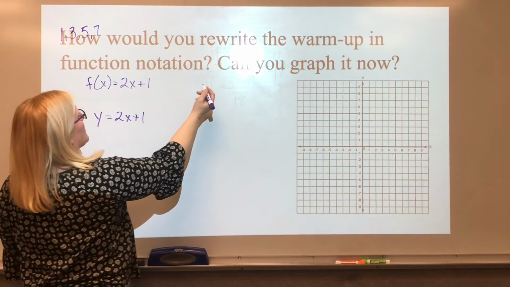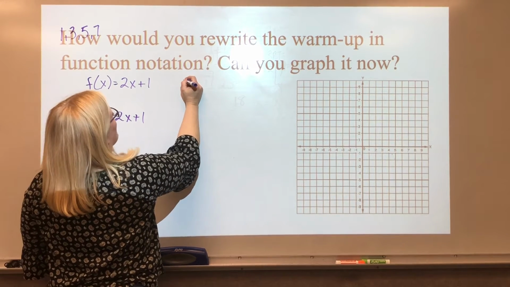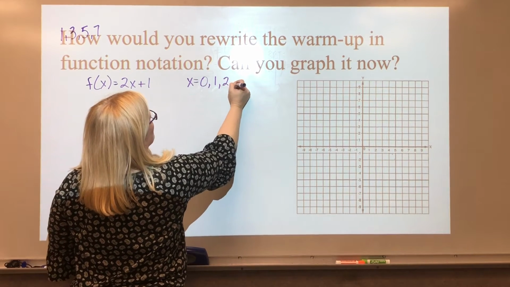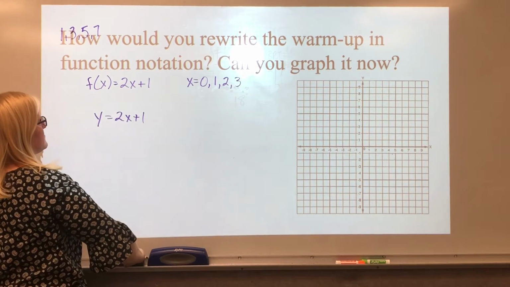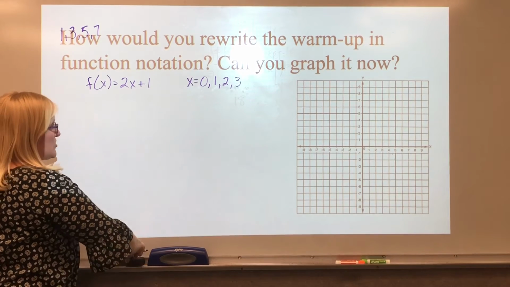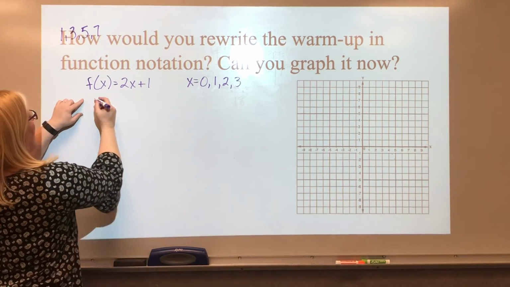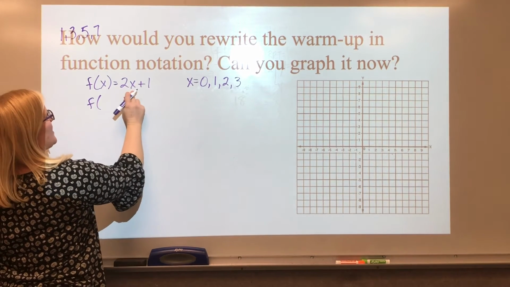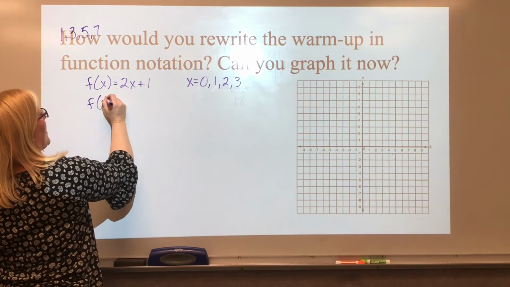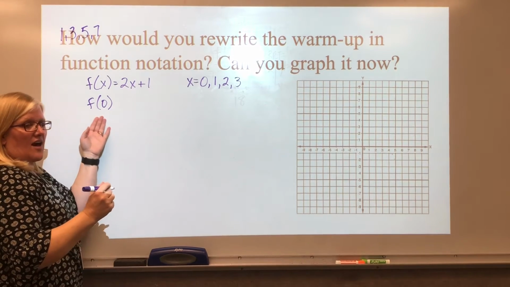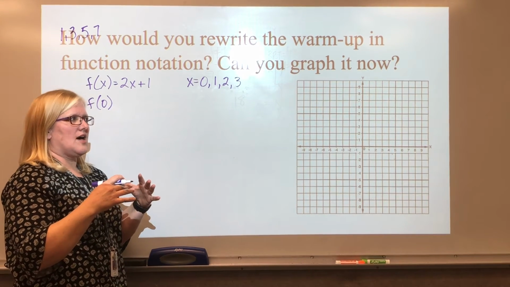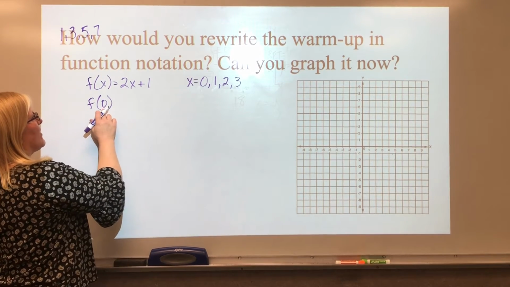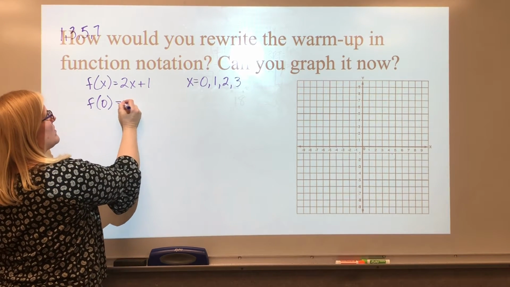And remember, we wanted to know what it was when x was 0 and 1, 2, and 3. And so now what we do is we say f of 0. Instead of just plugging it in here, I put it here too. There's no computation of any kind. It's just telling me that at 0, it is 1.